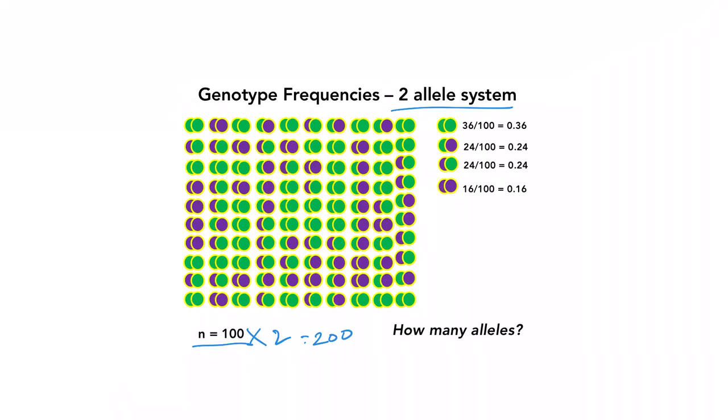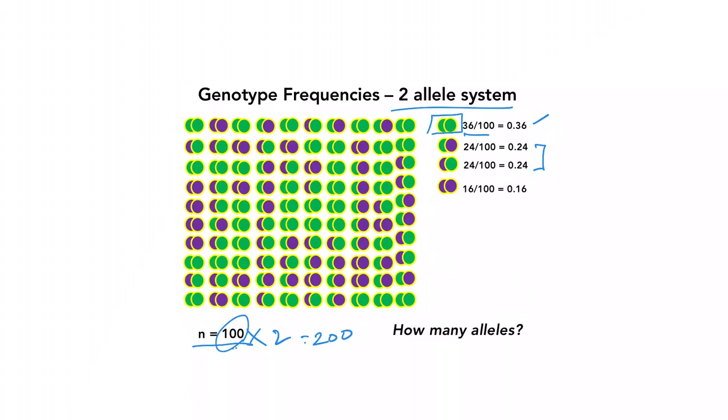Now, there's another way that we can estimate that too, or look at that. If we count up all the numbers of individuals that are homozygous for the green, we should get 36. So 36 divided by 100, which is the total number of individuals, gives us a genotype frequency of 36%, or 0.36. We can also look at these 2 classes of heterozygotes.